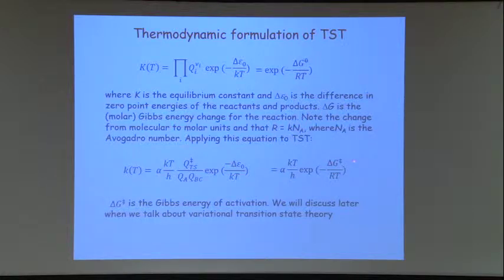So that incorporates an enthalpy term, an enthalpy of activation, and also an entropy of activation. And that's often quite a useful concept to bear in mind, and we'll discuss it when we talk about variational transition state theory.